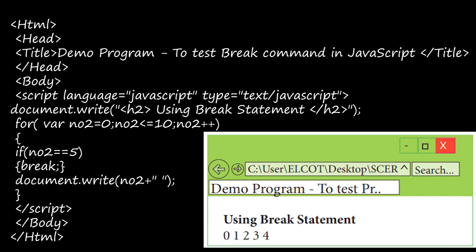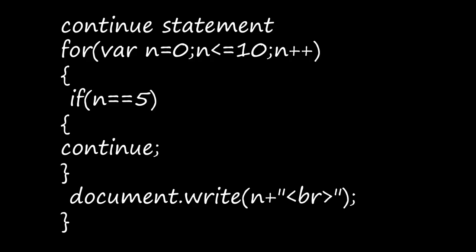Next we are going to see about the continue statement. This continue statement will skip back to the loop check condition. When you use continue, the statement is executed, the current iteration of the loop is terminated and the next iteration will begin.